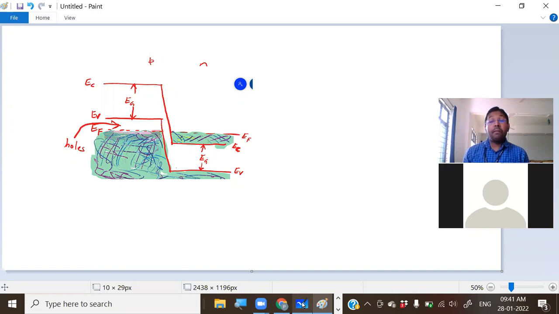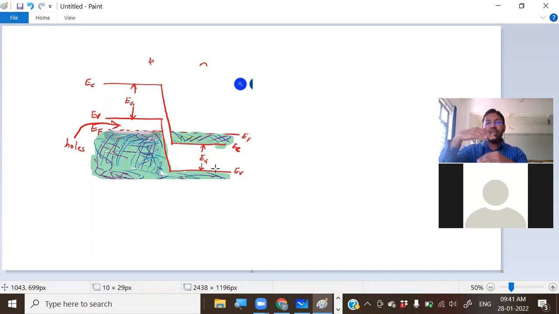But when you reverse bias, meaning on the N side we connect positive, the energy levels will go down. Clear?